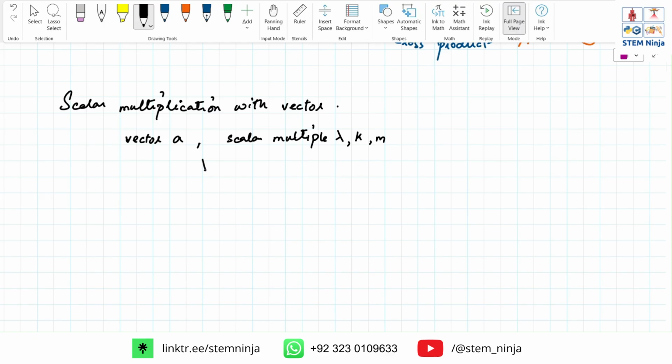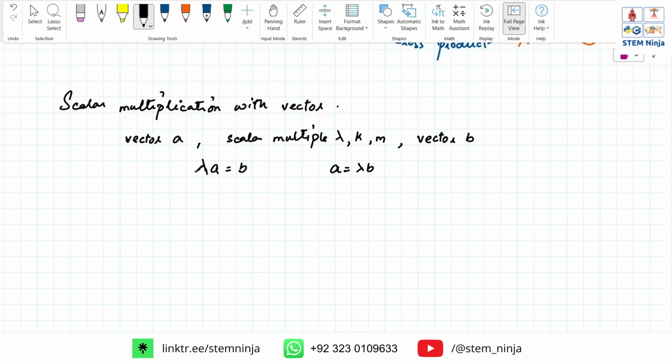So when we multiply a scalar multiple with a vector, we get another vector. So this is vector b. This could also be written this way. So a is equal to lambda b.